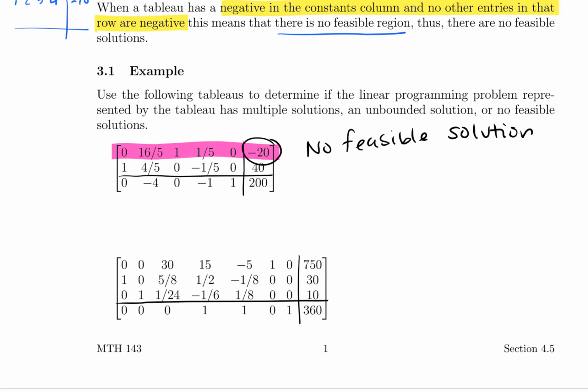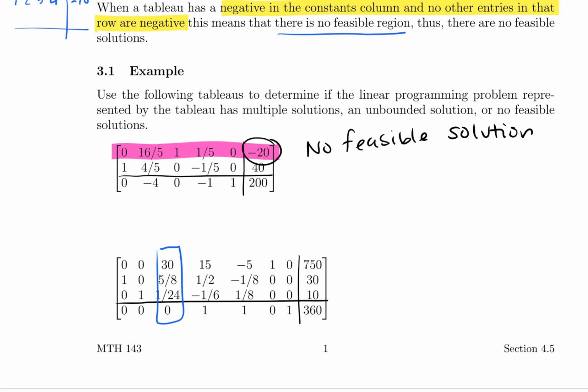So I usually check for the zeros first. I've got a 0, but that's okay. I have a 0, that's okay. This one, if we look at the third column, we have a 0 in the last row of a non-basic variable, so a non-basic column.